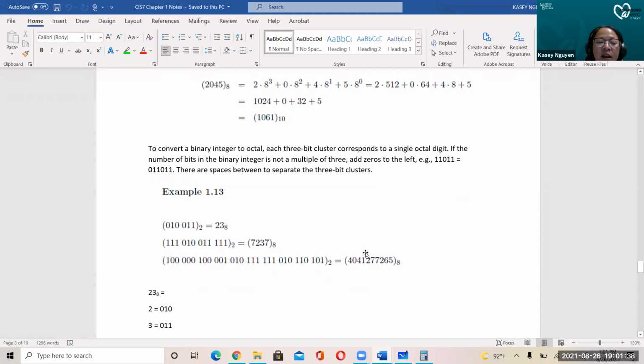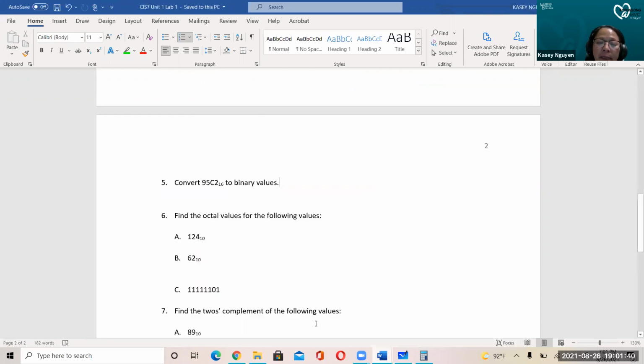So let's try number 6, A and B and C. So I like to do this with binaries. It's just my preference instead of dividing everything out and finding the remainder.